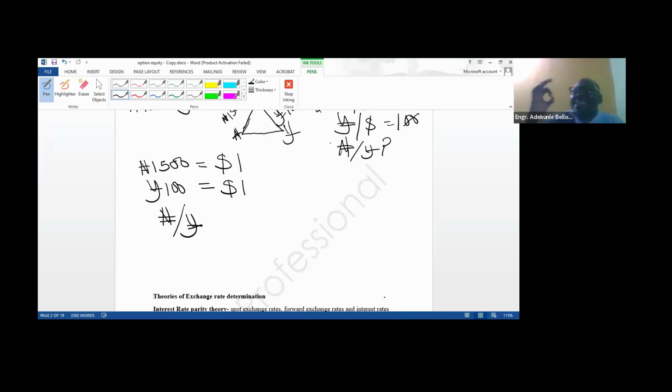There is no direct relationship between Nigerian naira and Japanese yen, but we can use the relationship with dollar to derive the relationship between naira and Japanese yen under cross rates. Look at it, please.